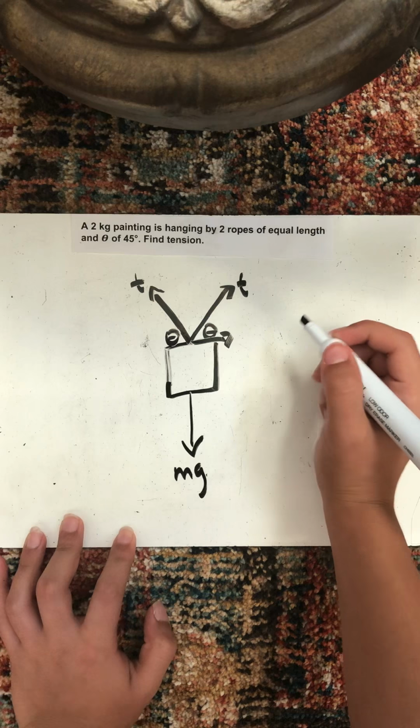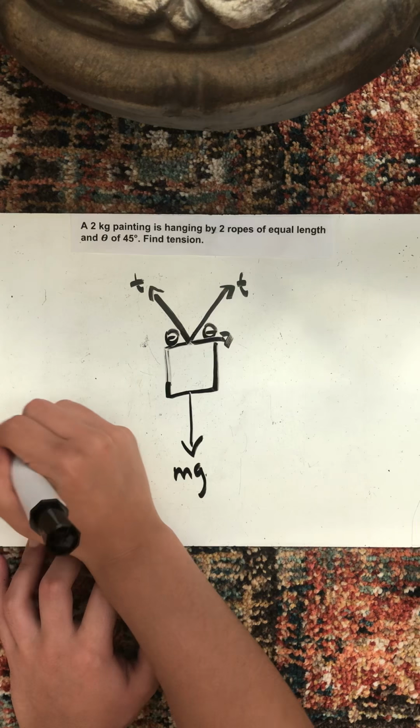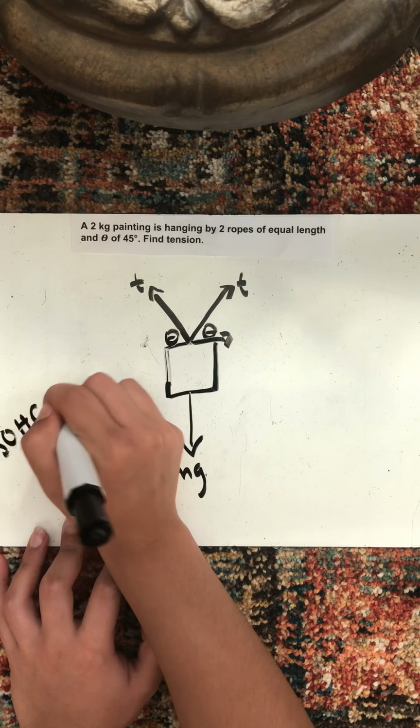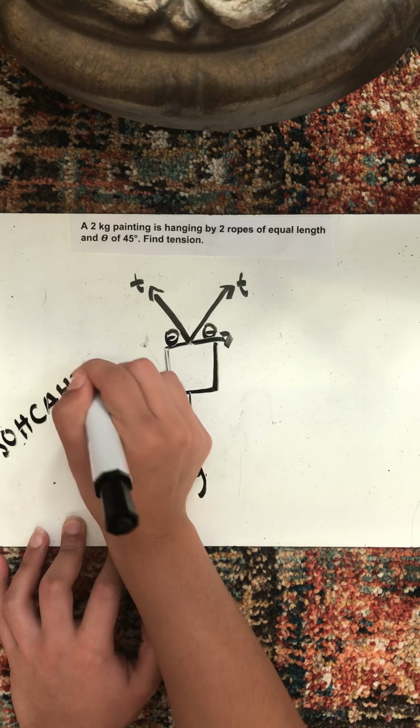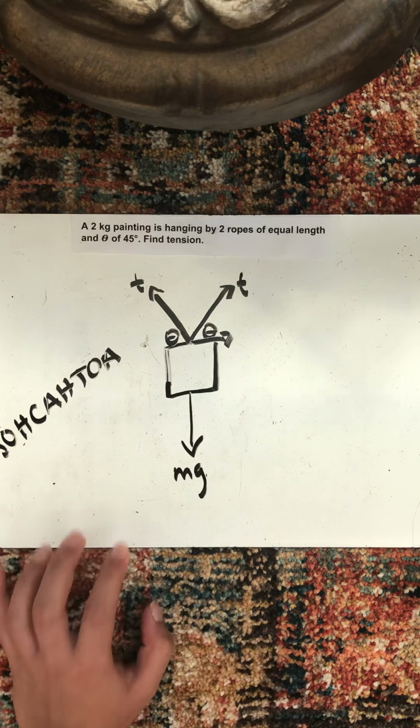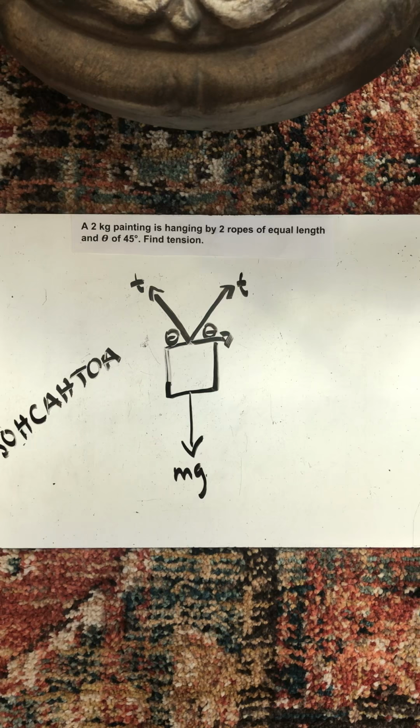When you're trying to find your components, you're going to use SOHCAHTOA. By using SOHCAHTOA, you'll know whether to use sine, cosine, or tangent to find what needs to be found.